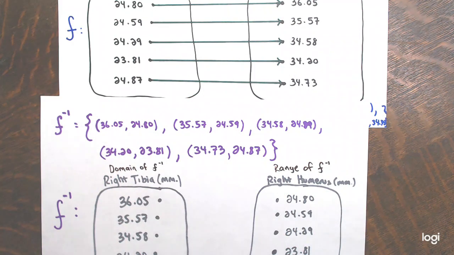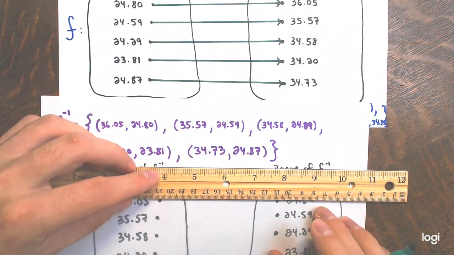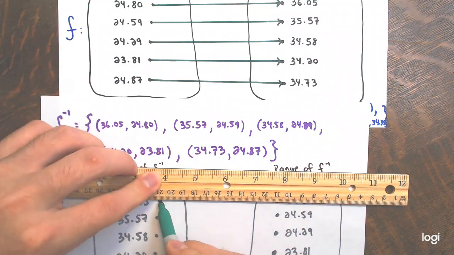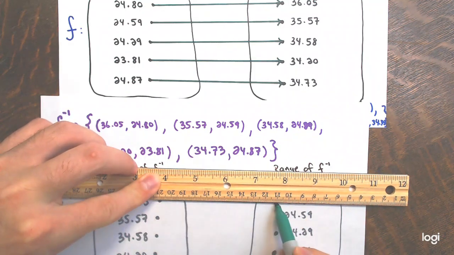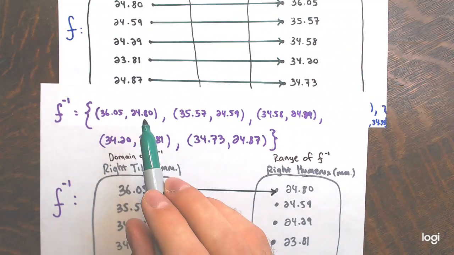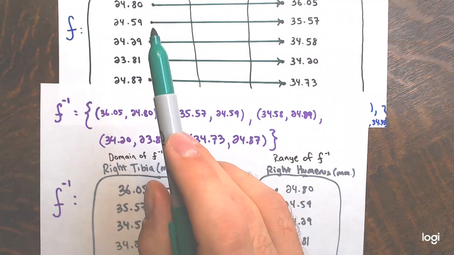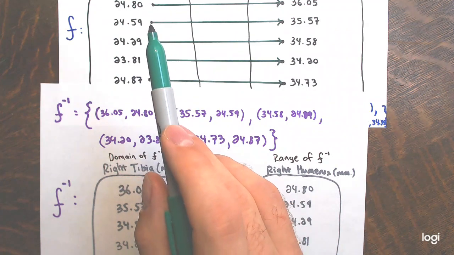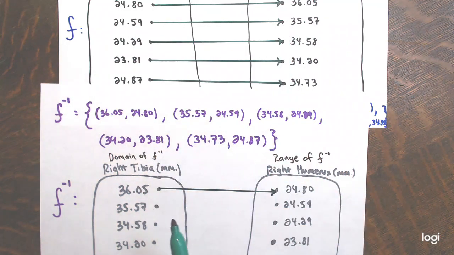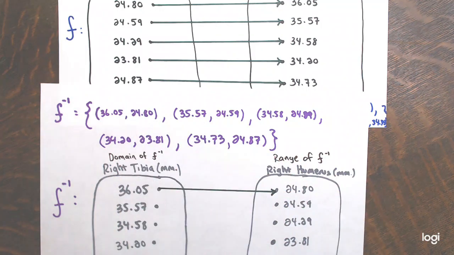You don't need a ruler, but in the inverse function, 36.05 corresponds to 24.80, as I have in my set of ordered pairs. In the original function, 24.59 corresponded to 35.57. So in the inverse, 35.57 will correspond to 24.59.